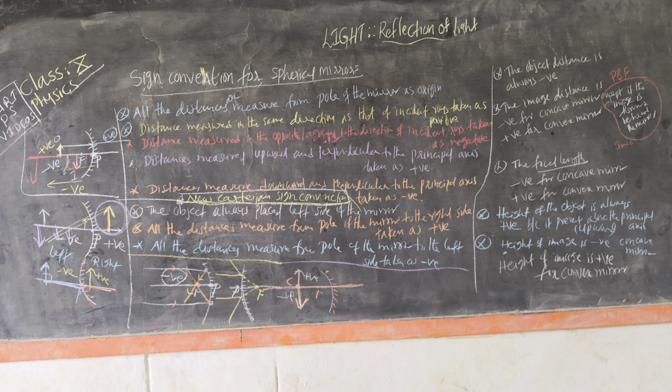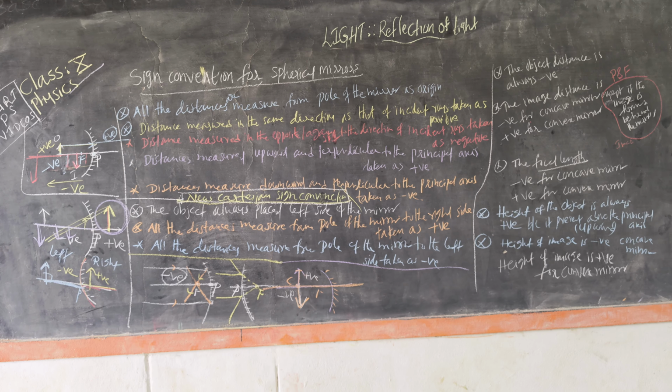So we discussed completely the formation of images by concave and convex mirrors, the rules for convex and concave mirrors, and how we can measure the image distance, object distance, size of the object, size of the image, and focal length. We must know the sign conventions for spherical mirrors. Thank you.